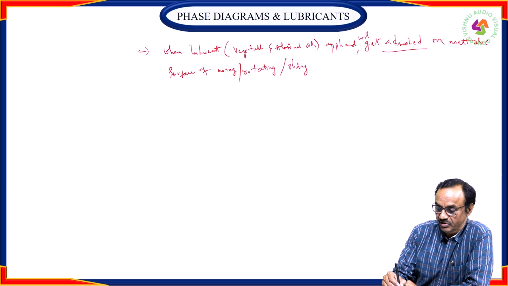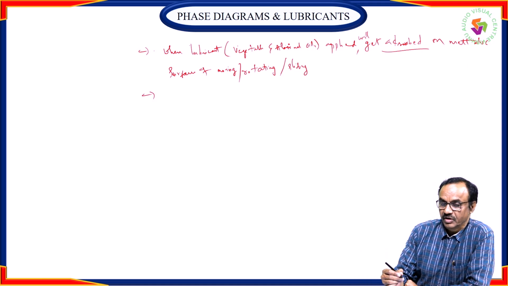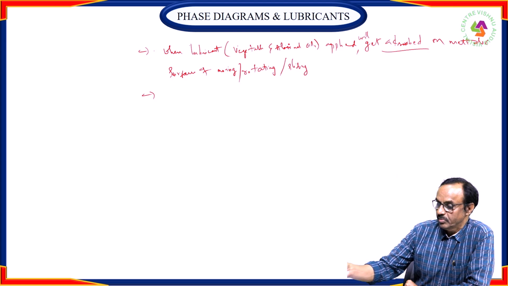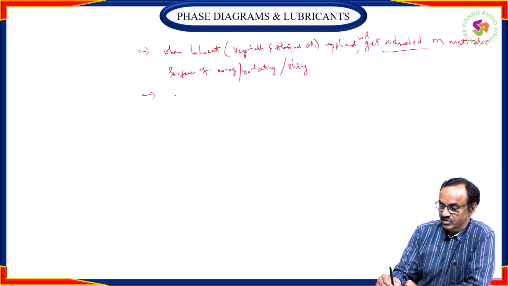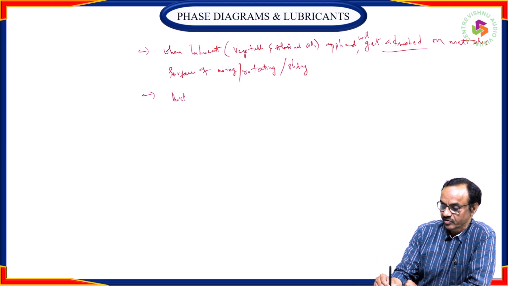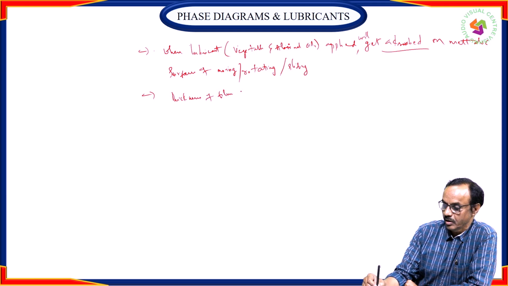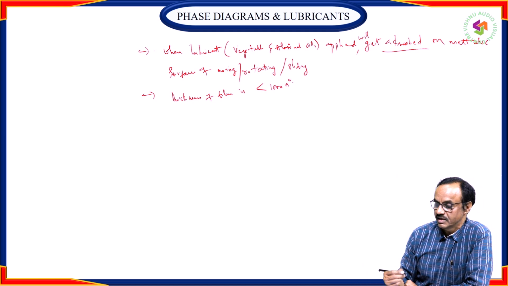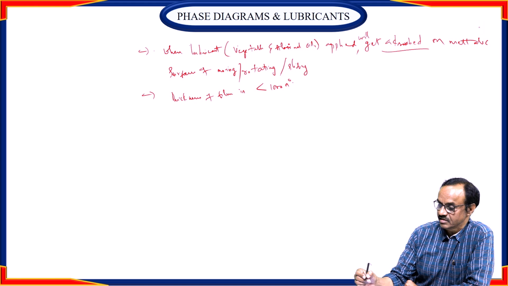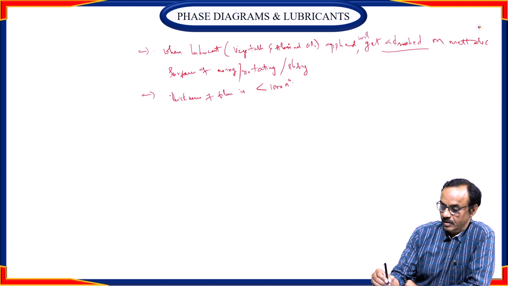These are some different points. Applied, adsorbed on metallic surfaces. Film formed, thickness of film is less than 1000 angstroms, right?